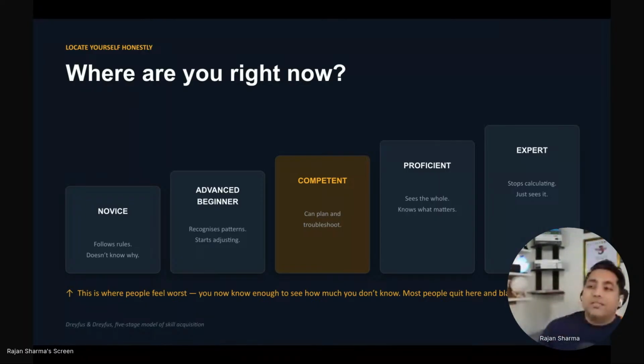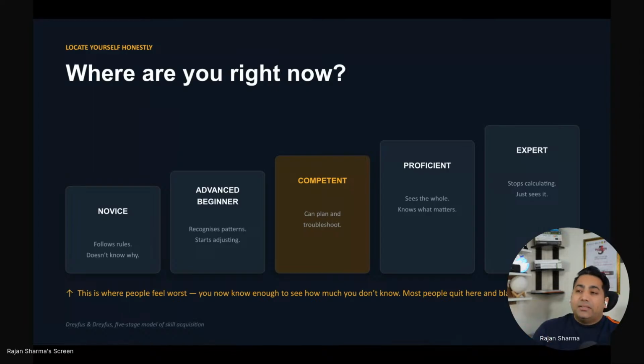The advanced beginner is, you know enough to start, and then you can adapt to changes and start adjusting around it. That's the advanced beginner. So keep thinking about any technology or tutorial around it.